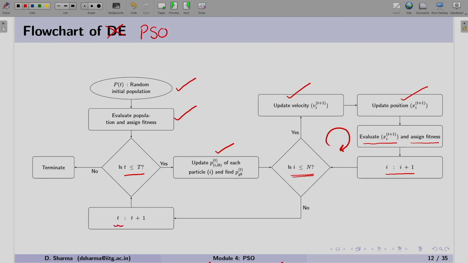Once it is done, we increase the generation counter by 1, and we keep moving in this loop till the termination condition is satisfied. Once it is satisfied, we terminate PSO and report our result.